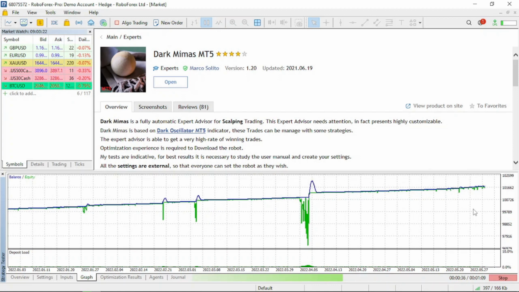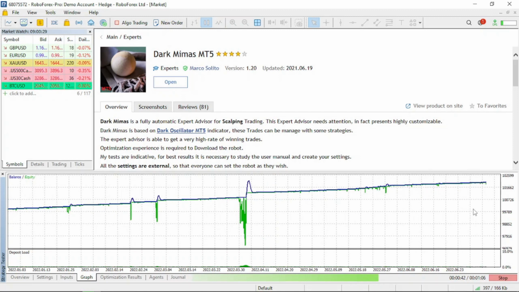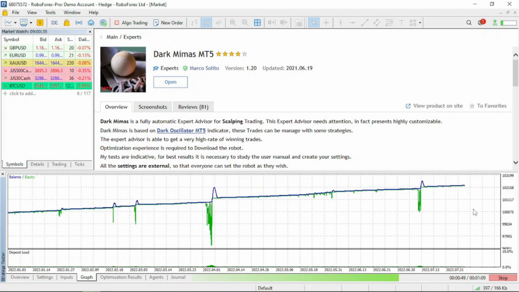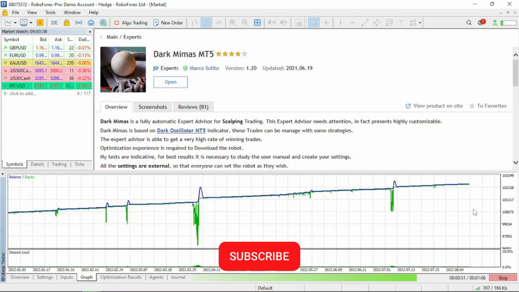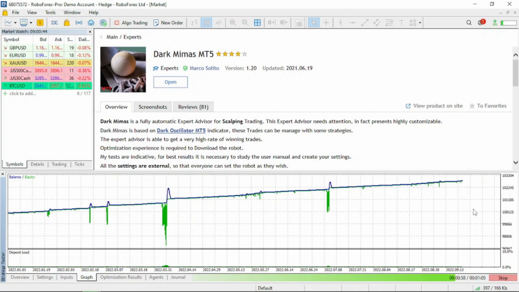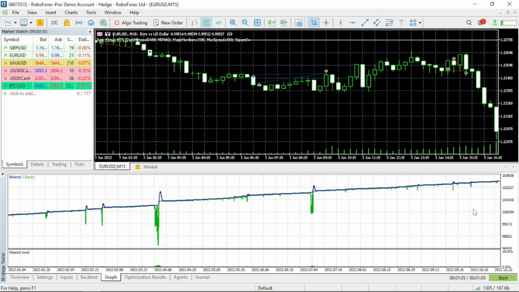What I would like to do is take a look at the 6 different strategies for Dark Mimas and see which of these will perform best on the Euro USD. If we look at the graph, we'll see 1, 2, 3, 4, 5 periods of big drawdown. So once the strategy test has been completed, we'll take a look at the results so we can get some percentages for those drawdown periods.